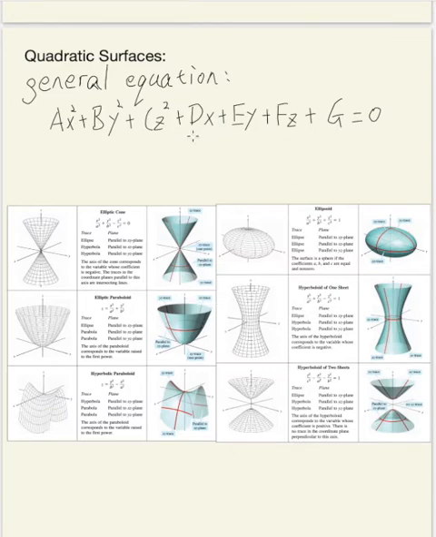to notice is that we can actually disregard the dx, ey, fz terms, because we can get rid of them by making this a complete square.